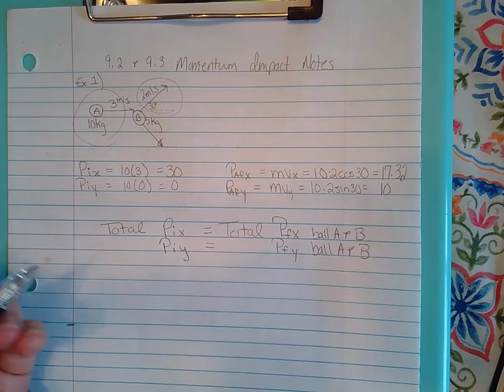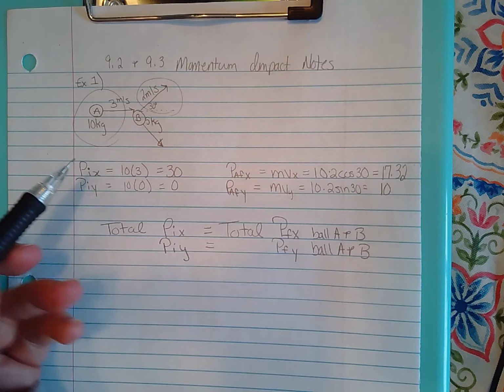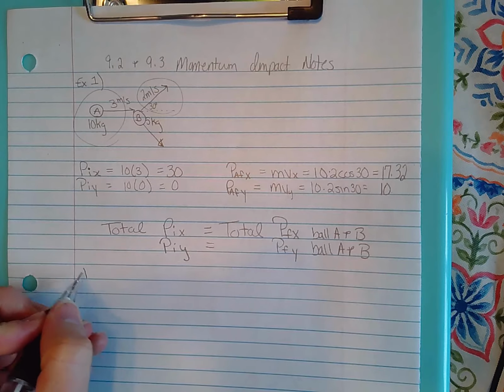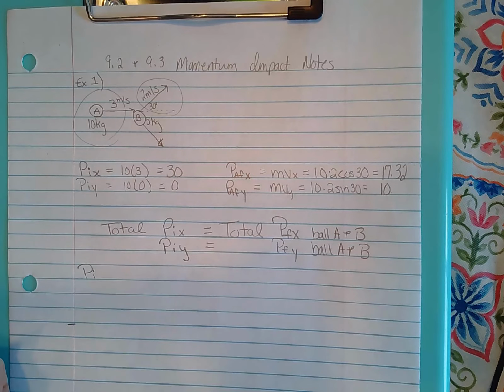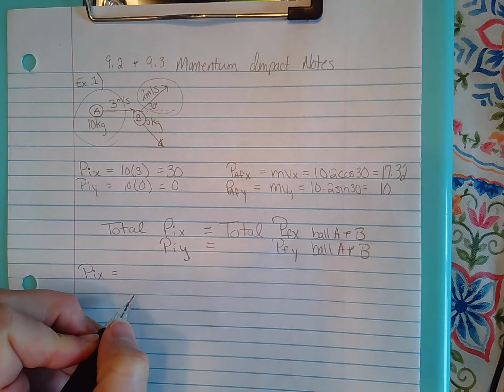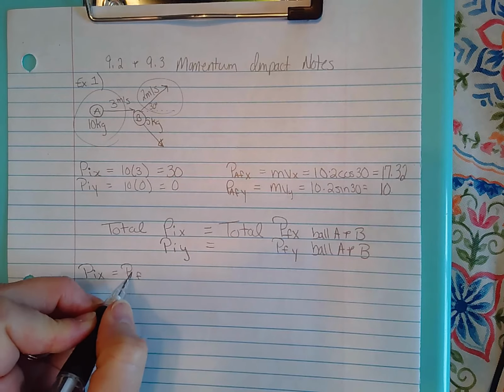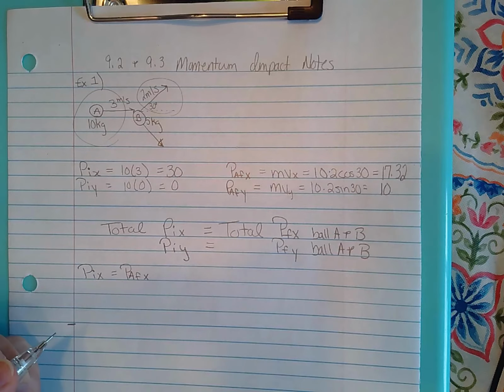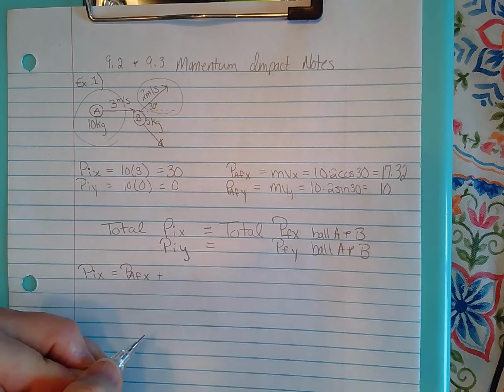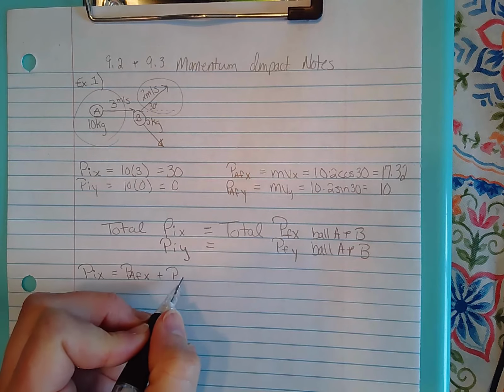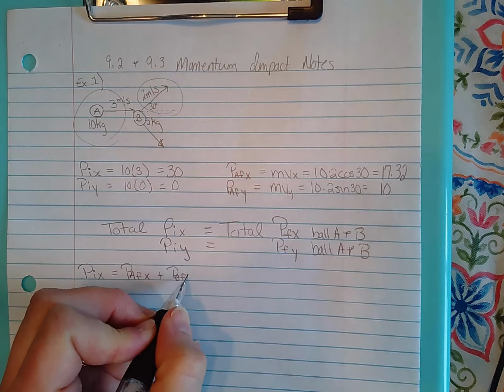So we're going to say that the initial momentum in the x direction equals the final momentum of A in the x direction and the final momentum of B in the x direction.